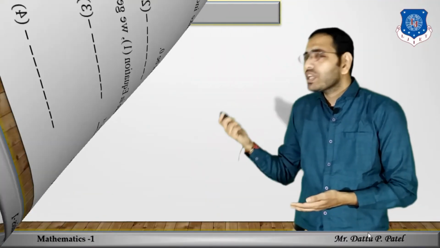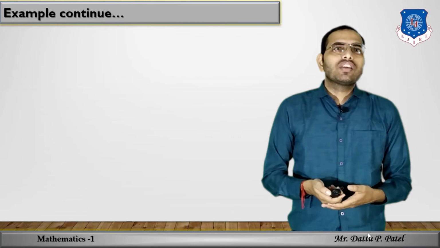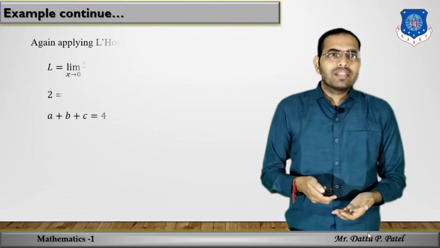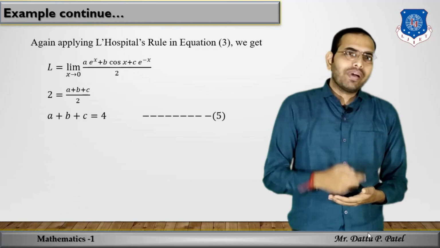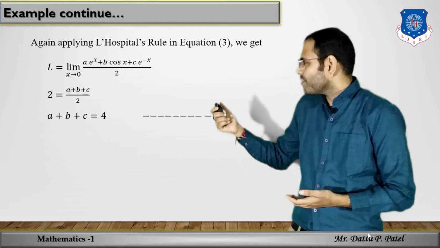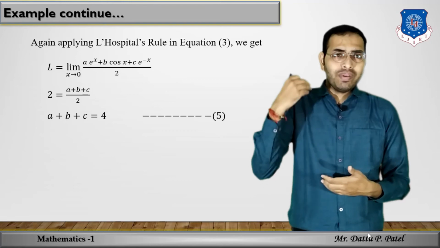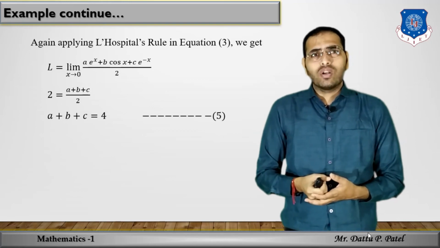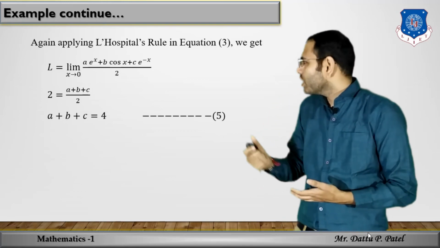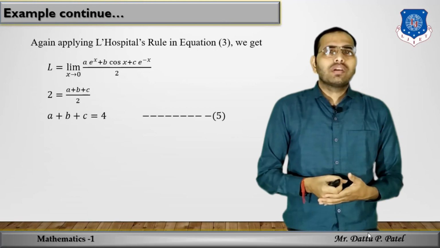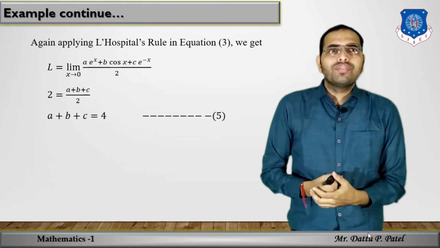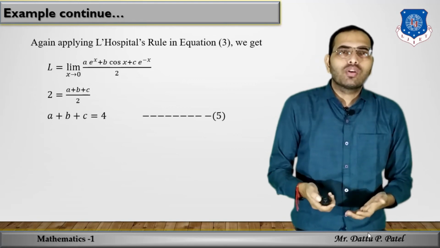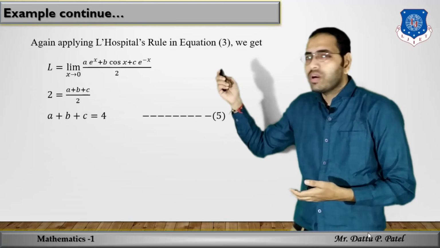Now applying L'Hopital rule, L equals limit x tends to 0, (a e^x plus b cos x plus c e^(-x)) divided by 2. Here the denominator portion has a finite value. Then applying the limit x tends to 0, it becomes (a plus b plus c) by 2. We have the value of the limit, that is 2. Then it becomes a plus b plus c equal to 2. That is our equation number 5.